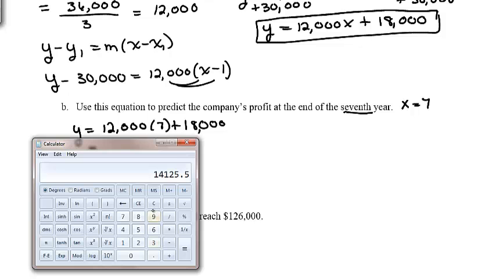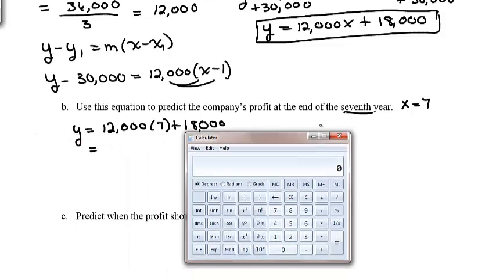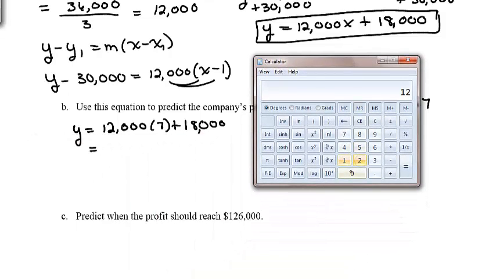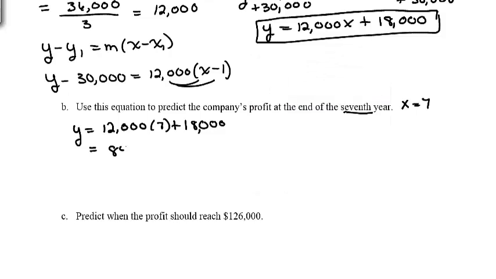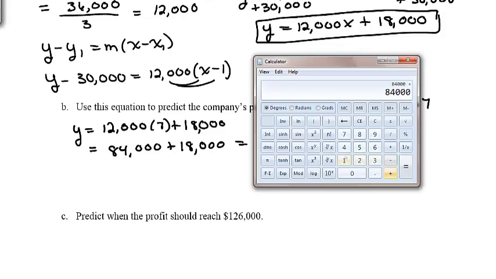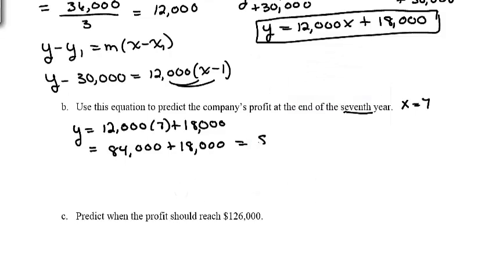And 12,000 times 7 gives us 84,000, plus the 18,000 gives us 102,000.